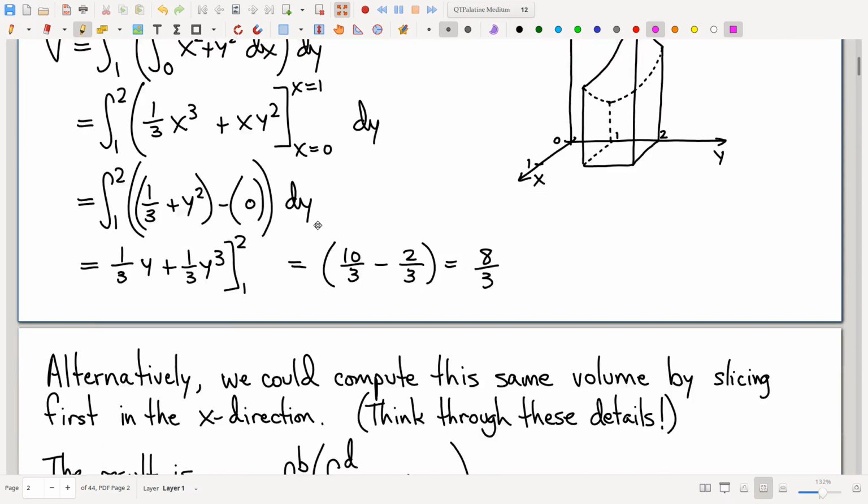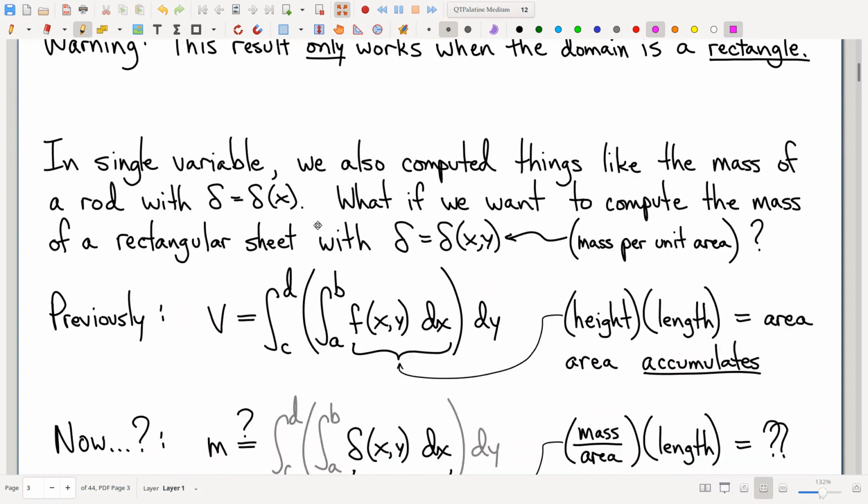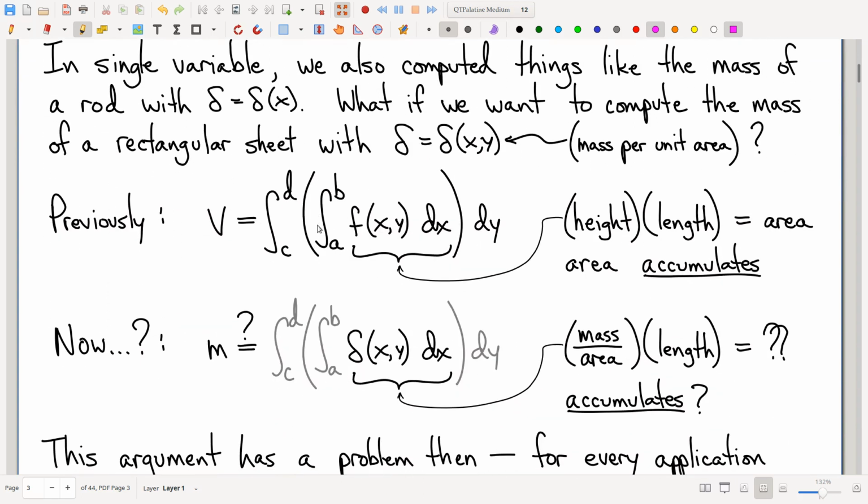Okay. Let's see here. Here's a nasty little business. This is bad news. I'm sorry to have to be the bearer. In single variable calculus, we wrote down single variable integrals to compute area under a curve. And then we asked a bunch of other questions like, what if I have mass distributed across an interval?